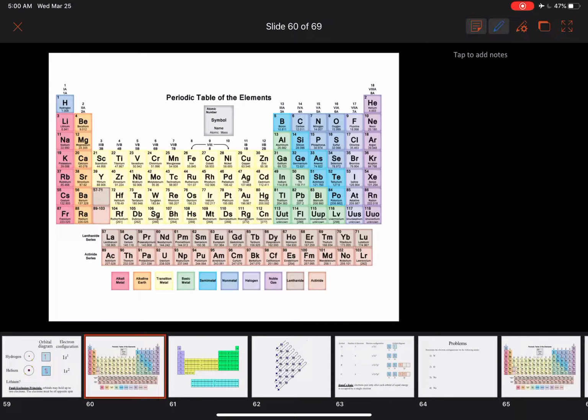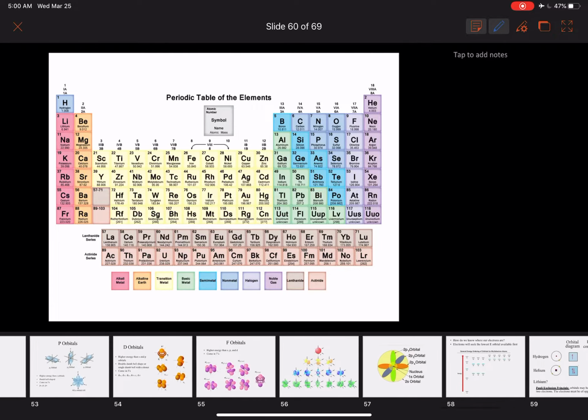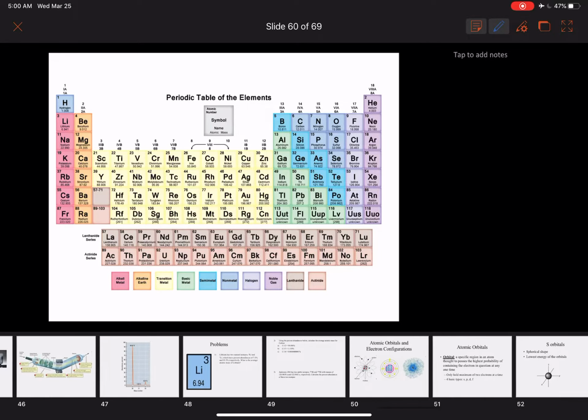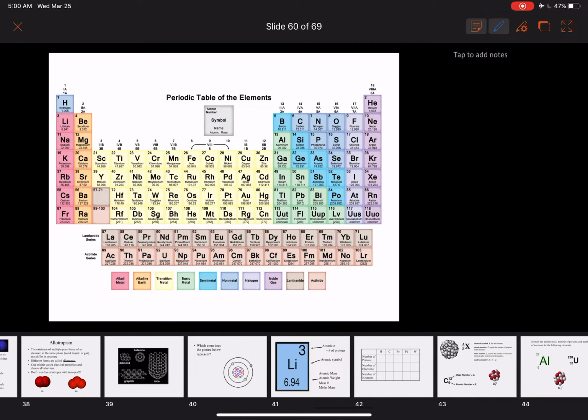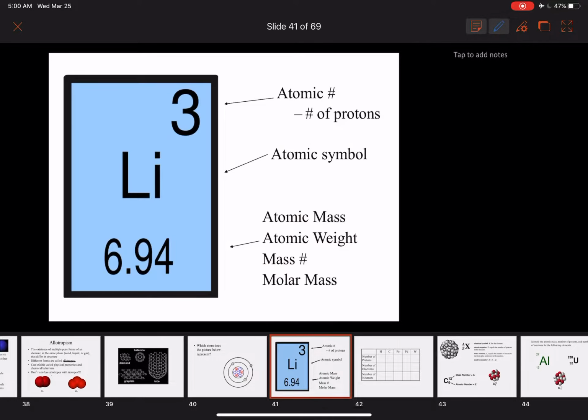So hopefully you can pull out your periodic table right now and follow along. I want to go back to the slide where we were talking about lithium, and look at what the periodic table tells us about lithium. Now it says that lithium has atomic number 3, and we said that means that lithium has 3 protons.